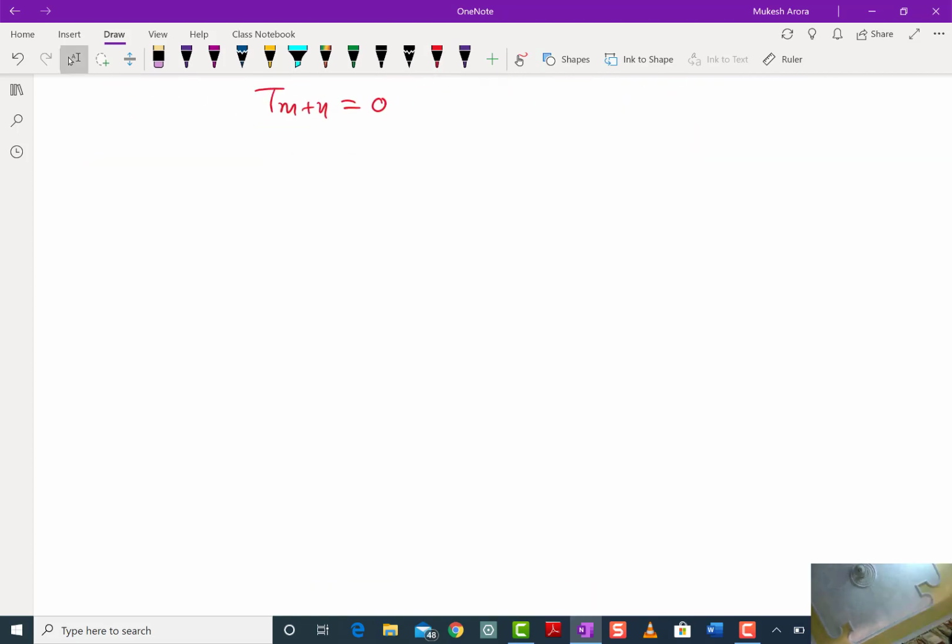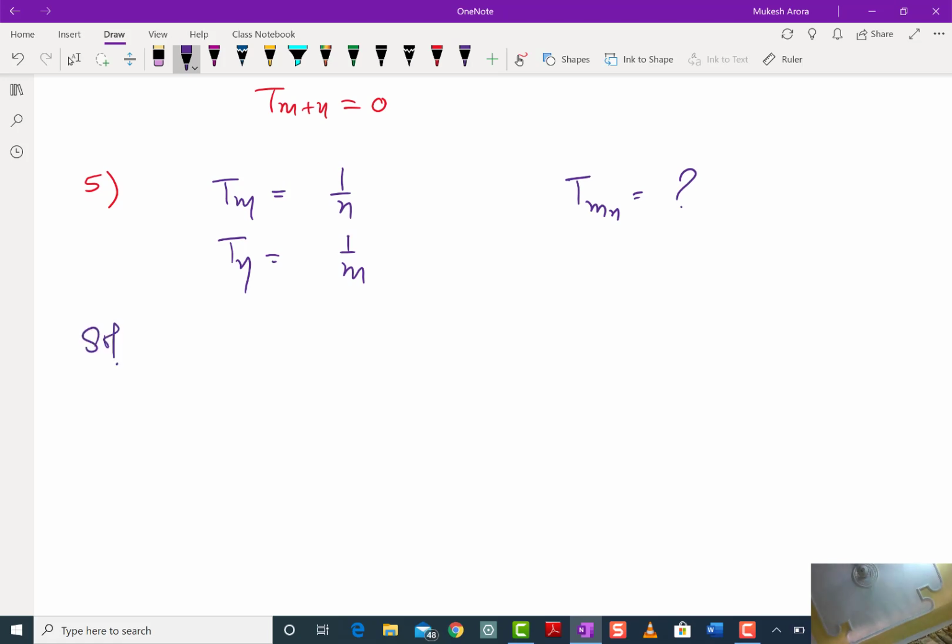Second sum, fifth sum. This is also very important. It is: if the mth term of an AP is 1 by n, and the nth term of the AP is 1 by m, find the mn term. So again, as we are solving the linear equation, we have to solve like that.